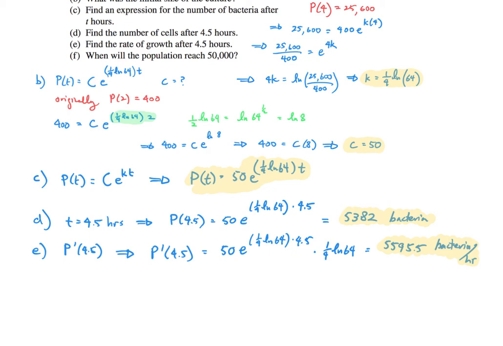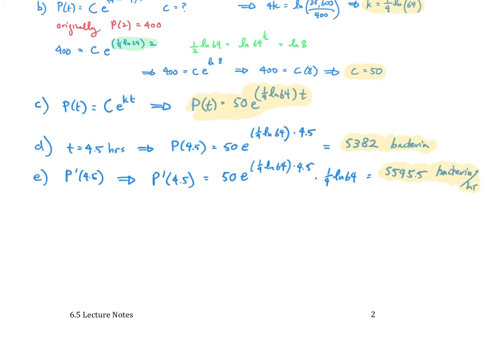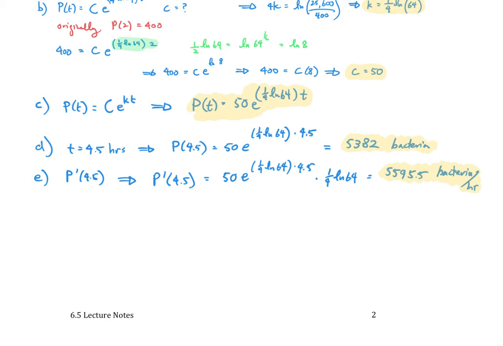The final question we have is, when will the population reach 50,000? So what we're going to do this time is take our general formula, and if we want to find out when we reach 50,000, we just set the left-hand side equal to 50,000 and solve for t.